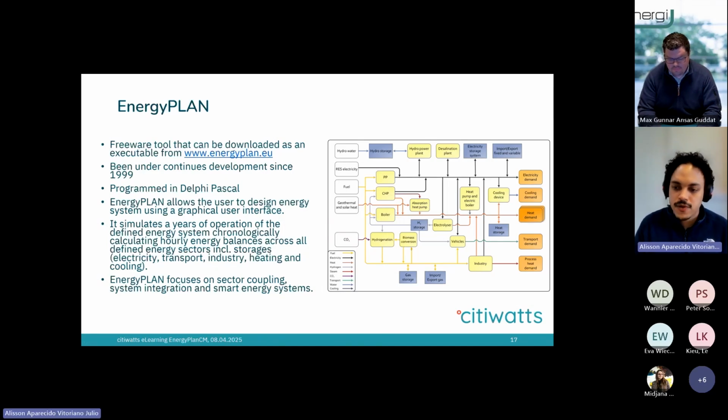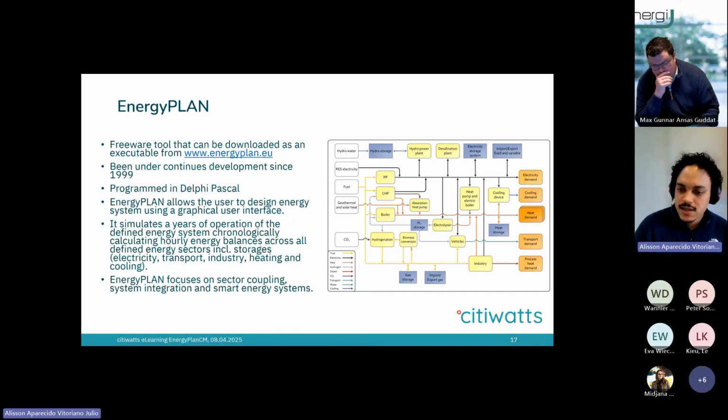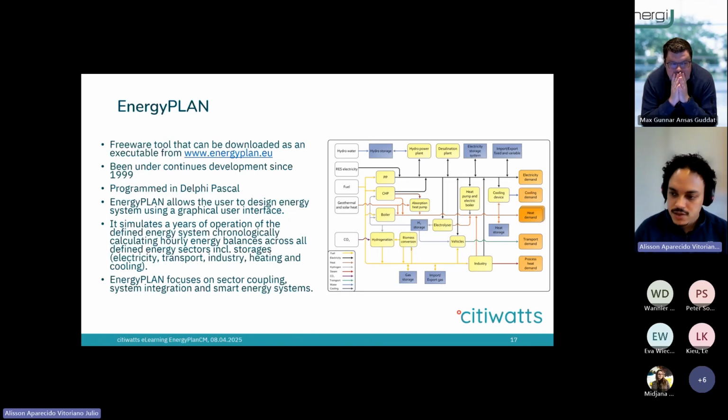EnergyPlan is a freeware software that has been, as I said, in development since 1999. It's programmed in Delphi Pascal. It offers to the user the ability to design energy systems using its own graphical user interface. This tool simulates the operation of any given energy system, calculates hourly energy balances across different sectors, such as electricity, heating, cooling, transportation, and industry, besides focusing on the integration of energy systems and design of smart energy systems.